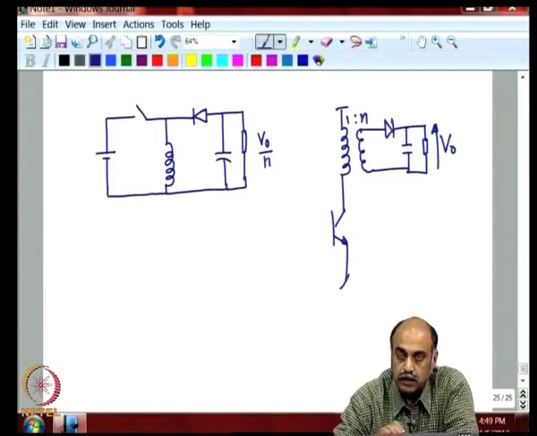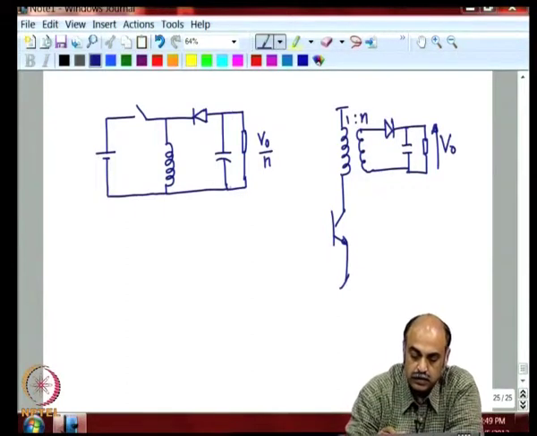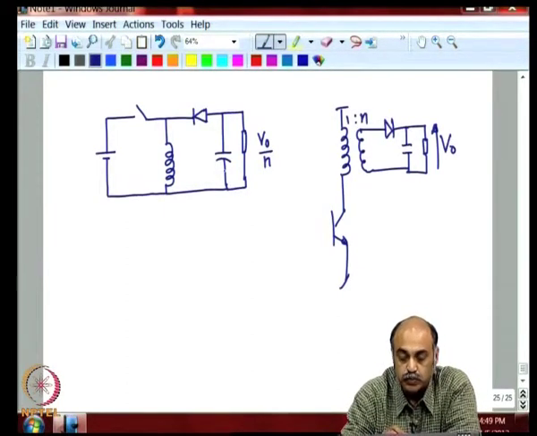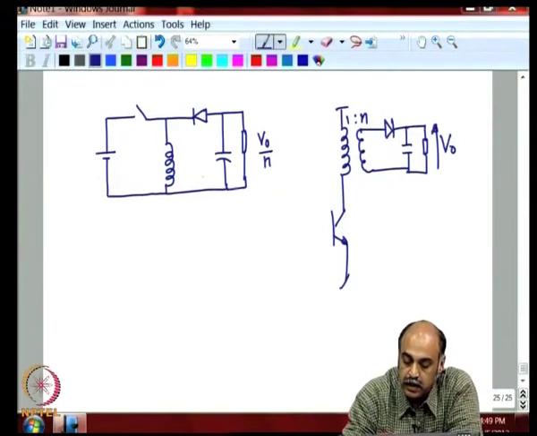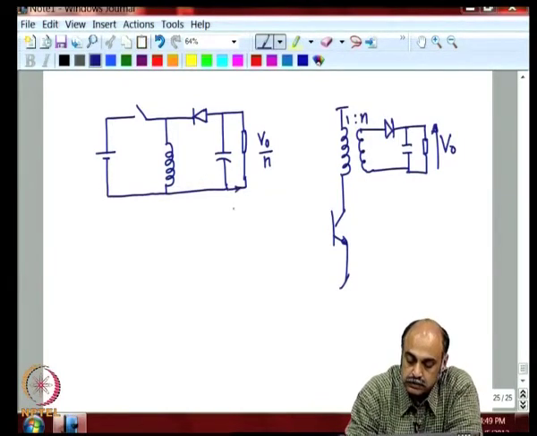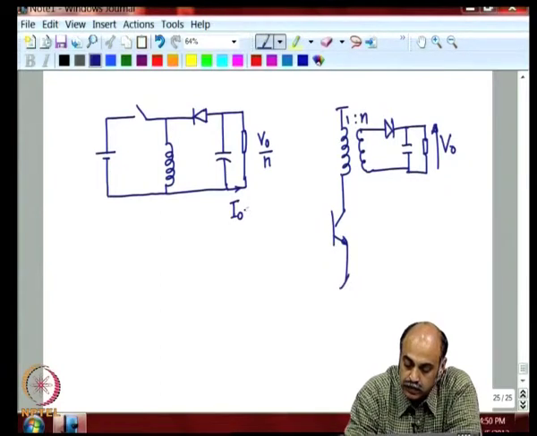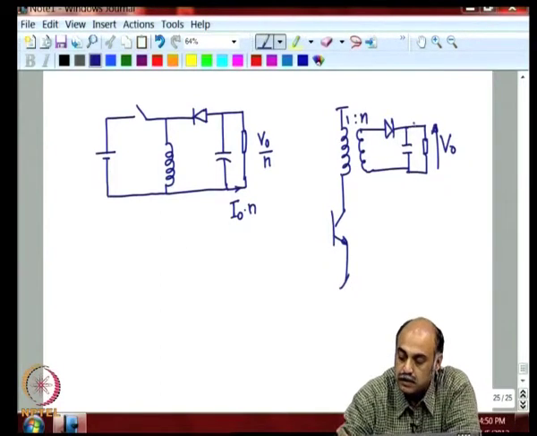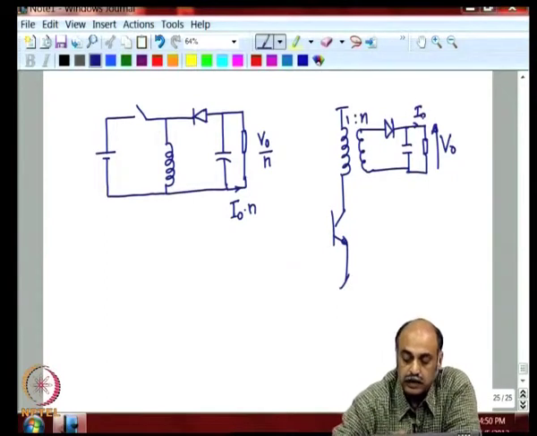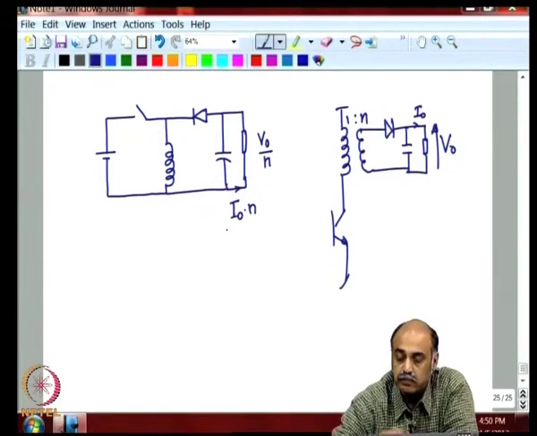Keeping V naught by n as the voltage output of the non-isolated buck and I naught into n as the current which flows through it, such that we keep the power same as the isolated case.